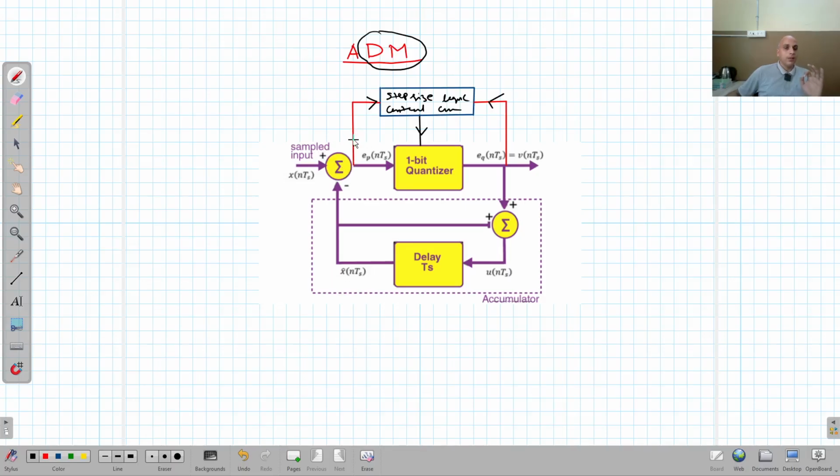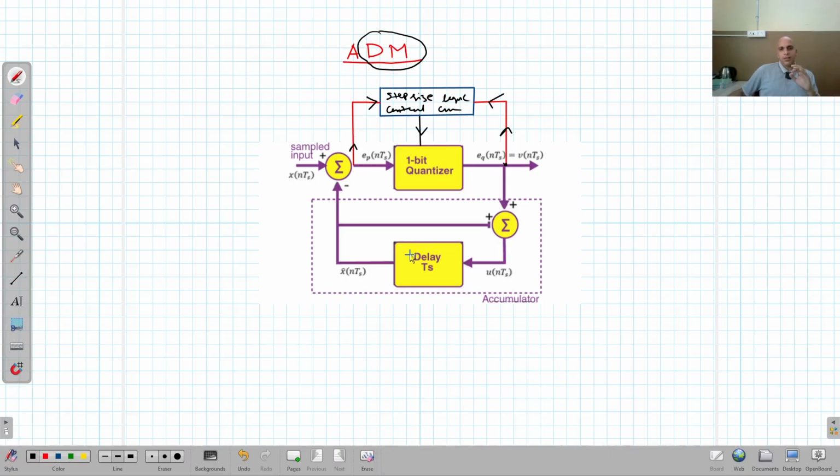Two factors are responsible for deciding the step size. One is the present error that is coming from here, and the other is the previously generated step size that is coming from here. The other things are the same, and we have already explained them in the earlier lecture.